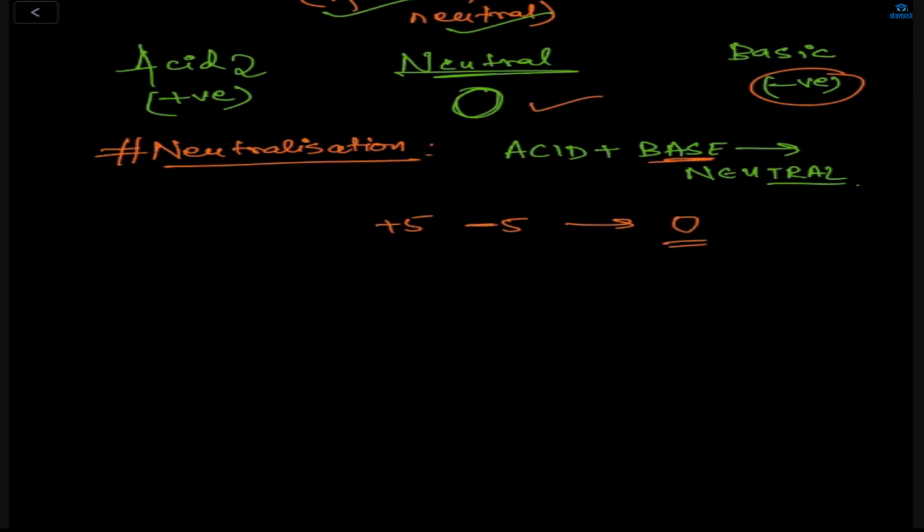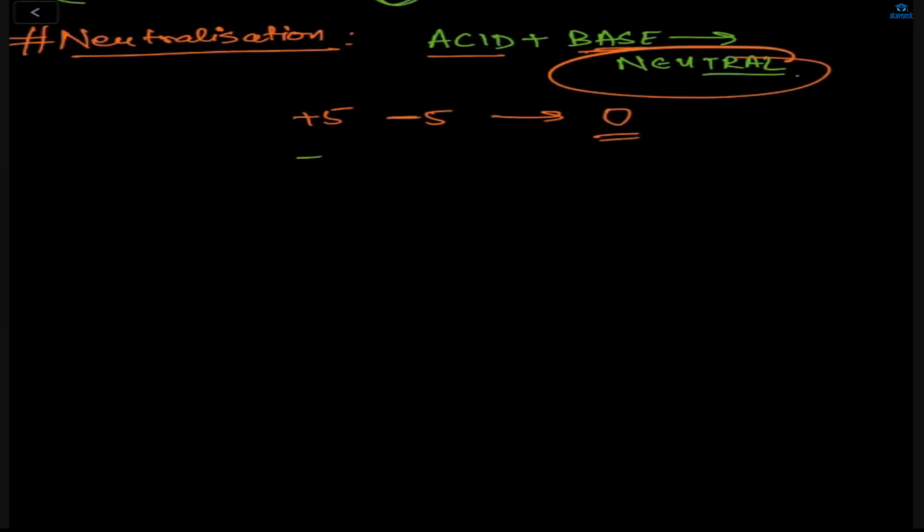0. Okay. That's why acid plus base, the addition of the positive and the negative, is always neutral, means 0. And for example, if let's say plus 5 and minus 3, then it will give what? Plus 2, right?